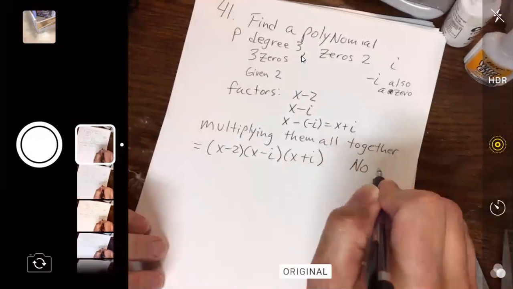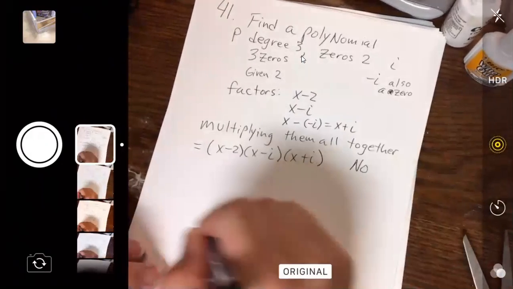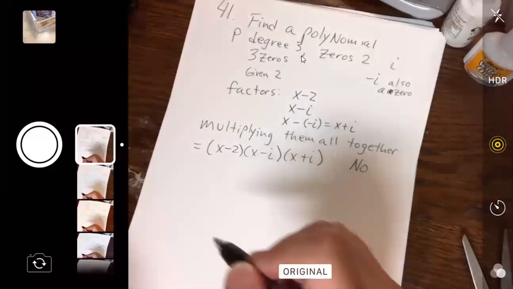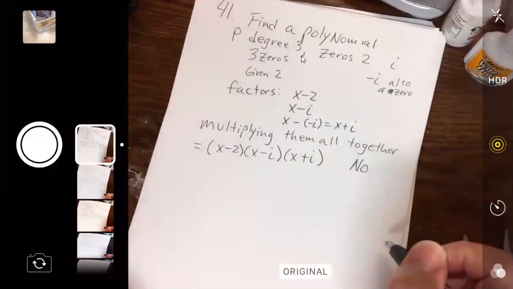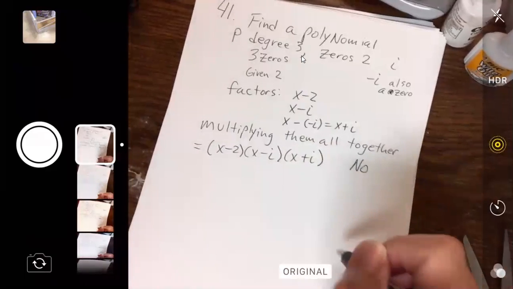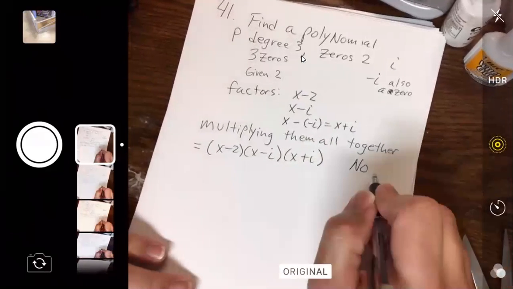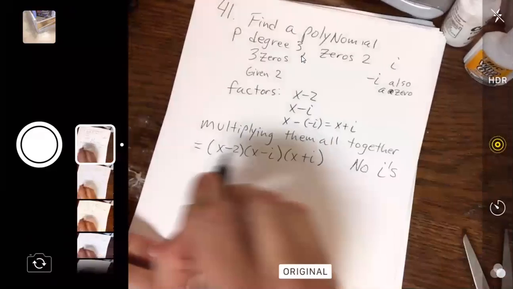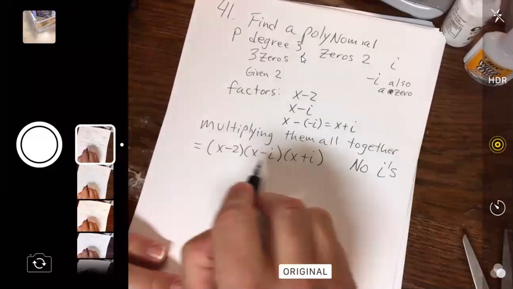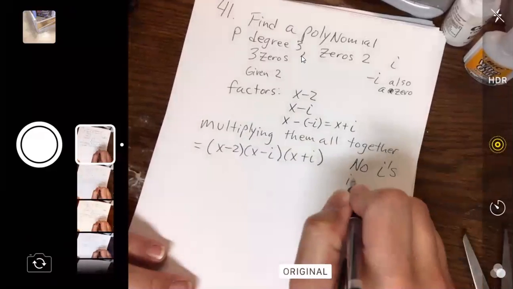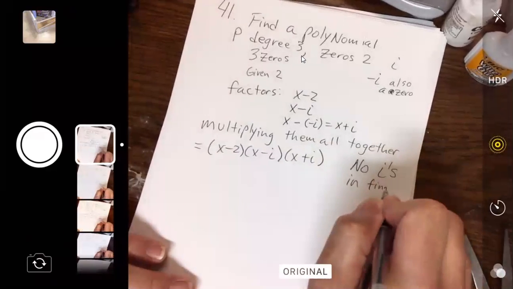Okay, so you shouldn't have an imaginary in the last answer? In the final answer, it should read like an x cubed, an x squared, an x, and a number. With no i's. If you wind up with an i in that, you've screwed up. How do you get rid of the i? It will get rid of it by properly doing this. Okay. Final answer.